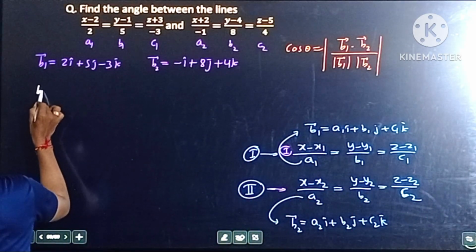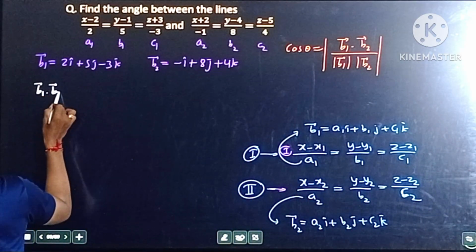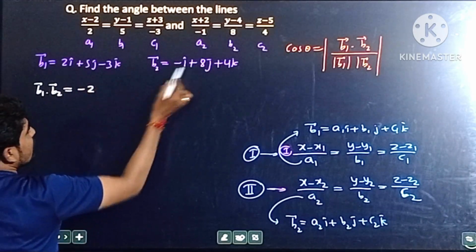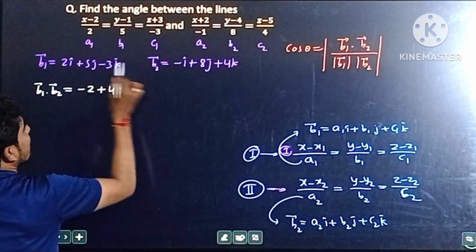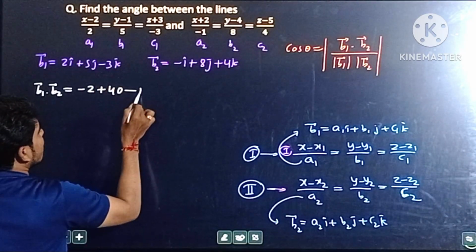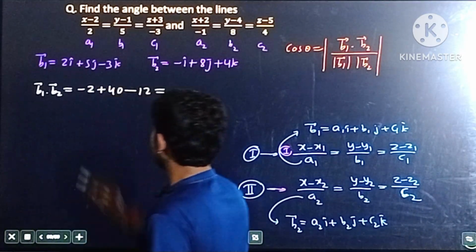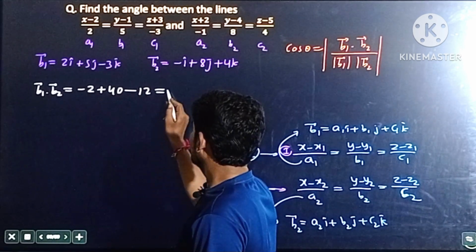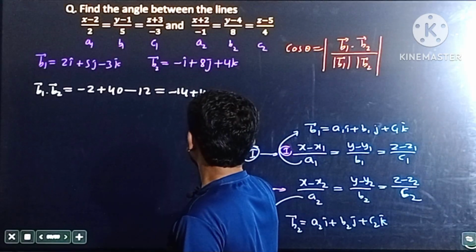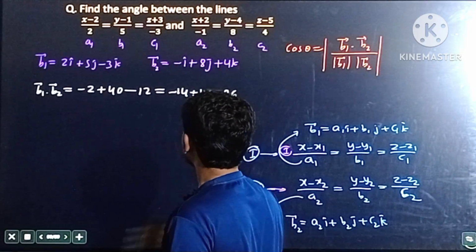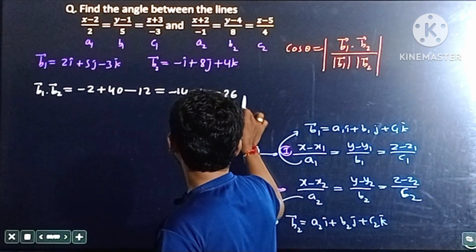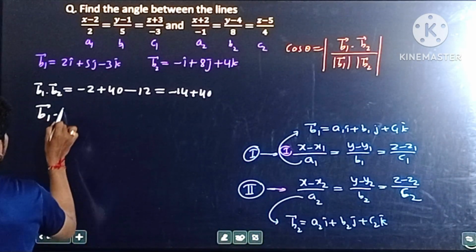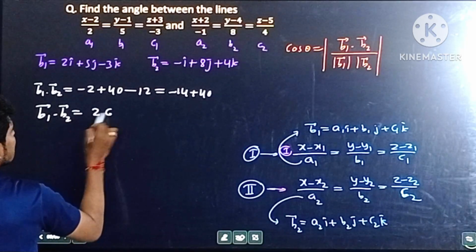Therefore, b1 vector dot b2 vector is equal to 2 into minus 1, minus 2, plus 5 into 8, 40, plus minus 3 into 4, minus 12. Which is equal to 40 minus 2 minus 12. Minus 2 minus 12 is minus 14, plus 40, which is equal to 26. Therefore, the value of b1 vector dot b2 vector is 26.